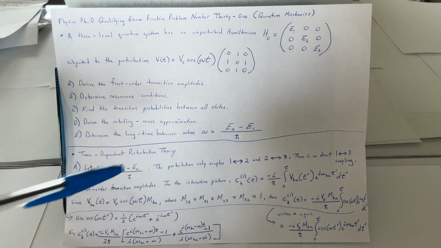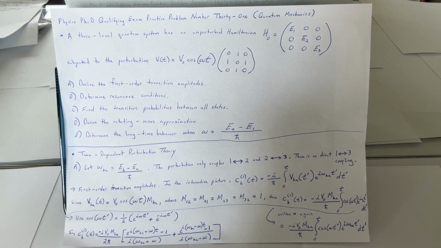And from here we use cosine omega t prime equals 1/2 quantity e to the I omega t prime plus e to the negative I omega t prime.